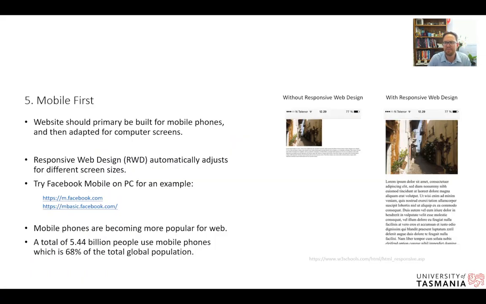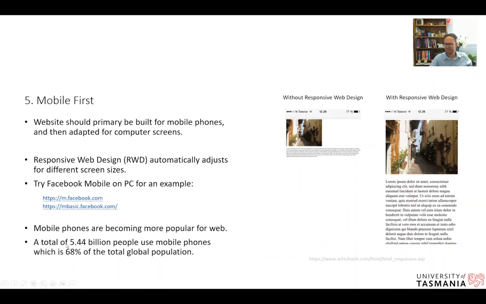All right, number 5 is mobile first. The idea of this is websites should primarily be built for mobile phones first and then adapted for computer screens. This is different because usually web pages are built on computers for computers, but mobile phones are becoming so popular.